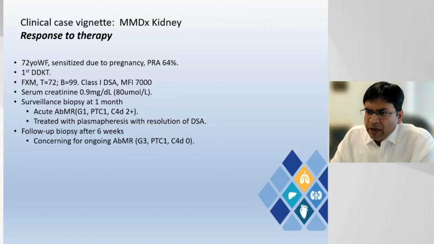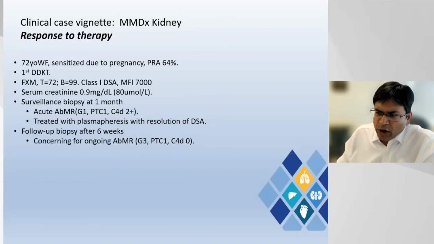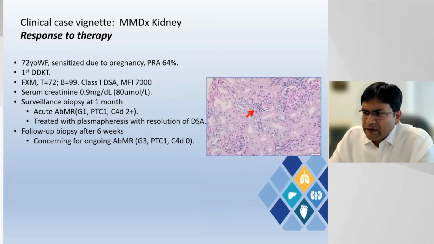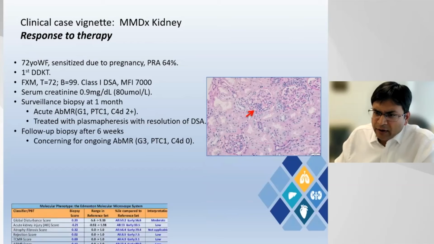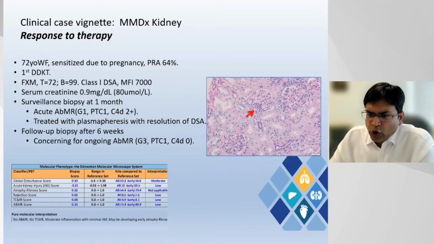She received therapy as per our center of care with plasmapheresis, and then a follow-up biopsy was once again performed as per our SOC. Histology once again called it ongoing antibody-mediated rejection, which is seen in these pictures with the glomerulitis and the peritubular capillaritis. On the other hand, MMDx showed no ABMR or TCMR.